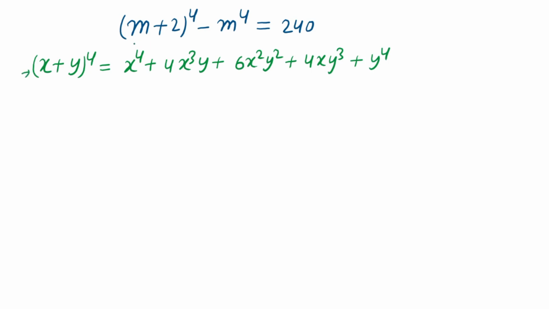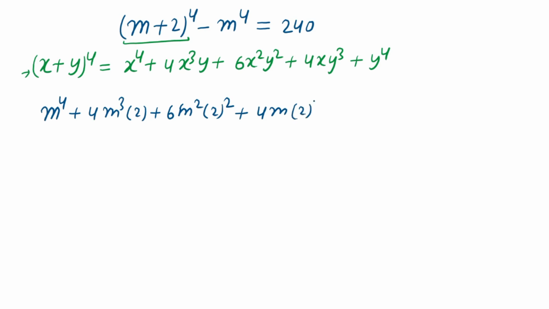If we apply this rule here, then (m + 2)^4 is the same as m^4 + 4 times m^3 times 2 + 6 times m^2 times 2^2 + 4 times m times 2^3 + 2^4, and minus m^4 equals 240.